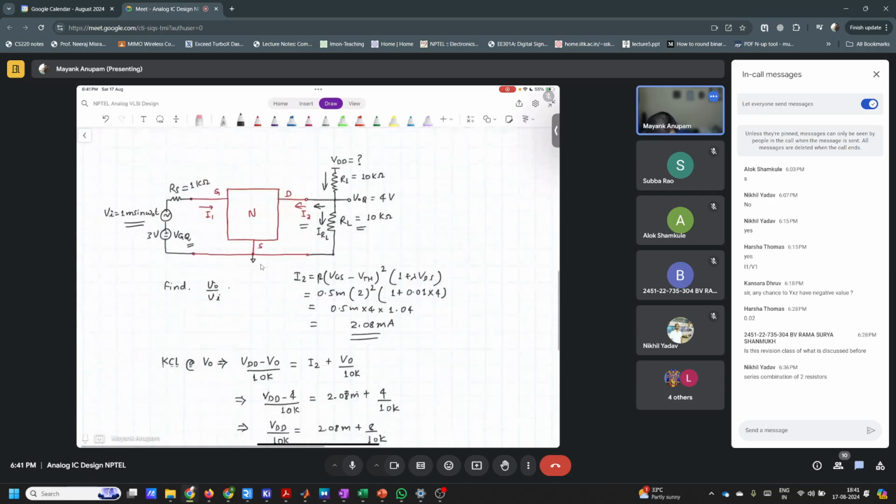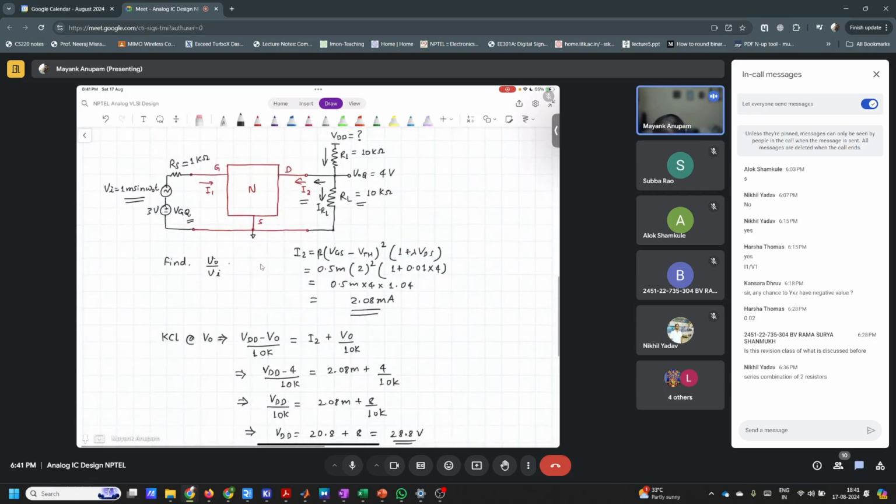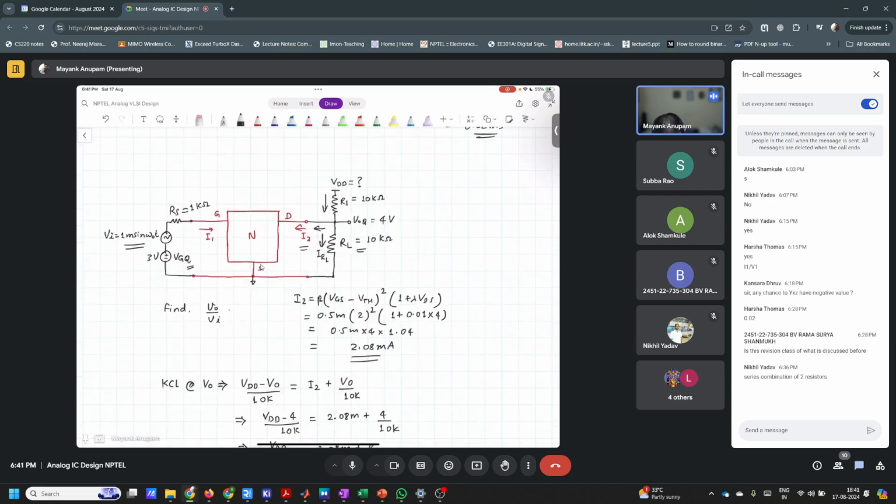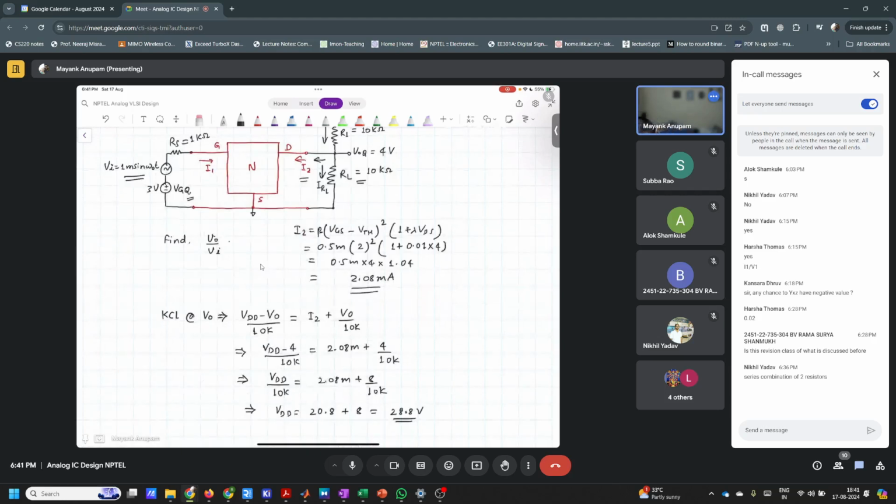Now that we have also calculated what VDD is and everything, when I want to look at the small signal parameters, I want to find out the small signal gain, VO small over VI. This is small signal or incremental voltage.